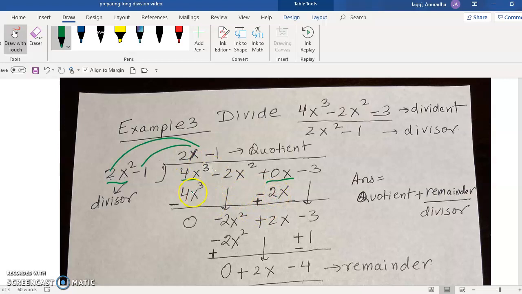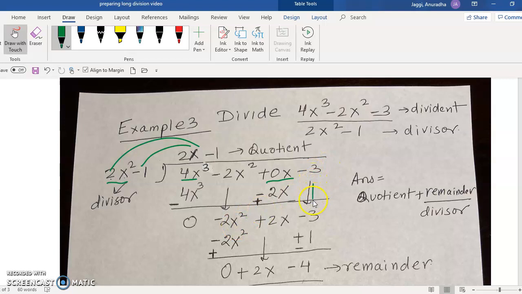So when you do that, you'll get a 4x cube, and 2x multiplied by negative 1 becomes a negative 2x, which you're not going to put under the 2x square term. You're going to put it under the x term. So again, positive becomes negative, negative becomes positive. Add them up, you'll get a 0 here, and you'll get a 0 plus 2x now as a 2x, and this negative 2x square gets copied down.